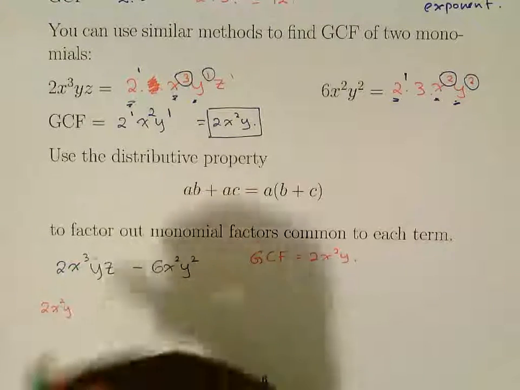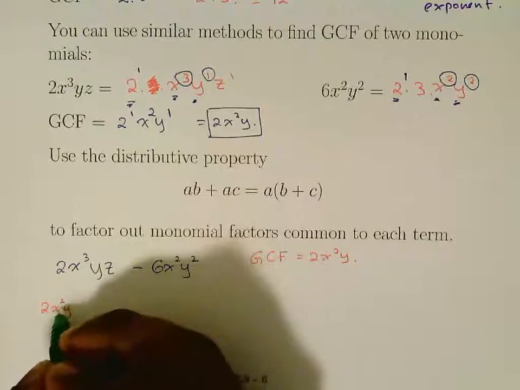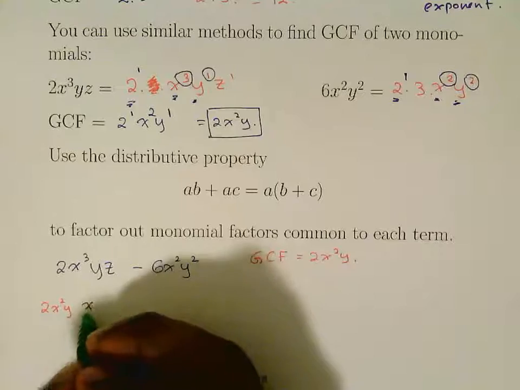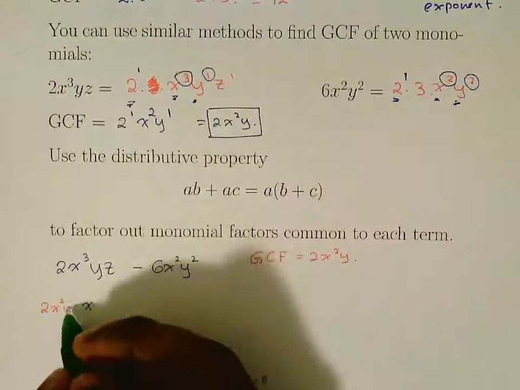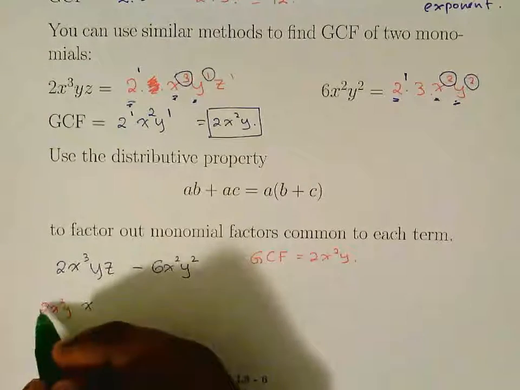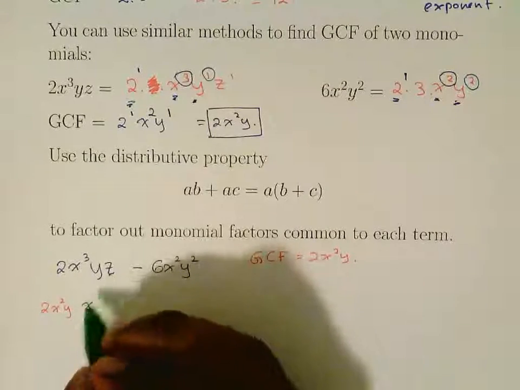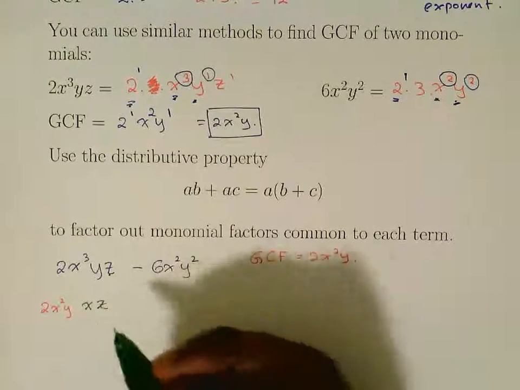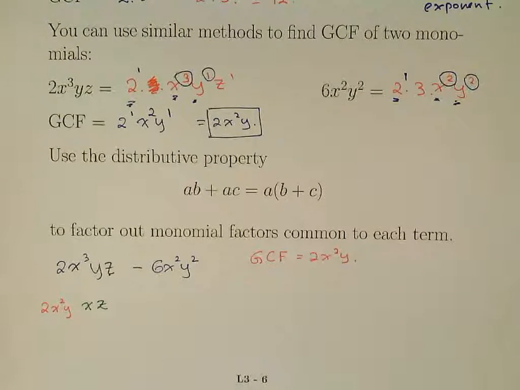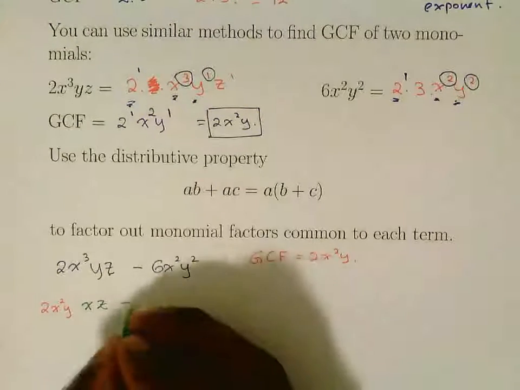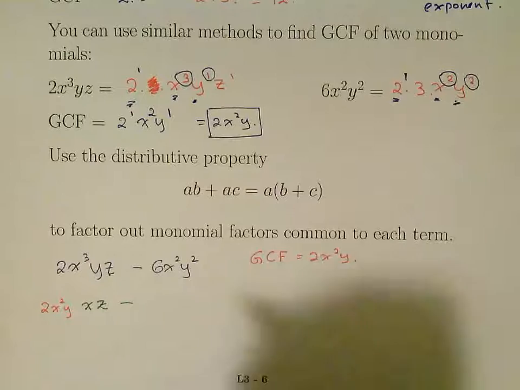You have x cubed. Here you wrote x squared, so an x is missing. You had y, you have y here. You had 2, you have 2 here. You had z, you don't have z here, so write it down.